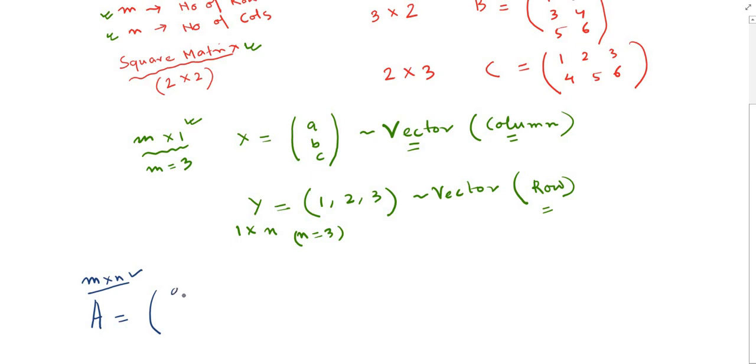In this case, our general matrix will be A11, A12 up to A1n, because we have n columns, and then this will continue till Am1, Am2, like this, up to Amn, and these are the elements within the matrix.